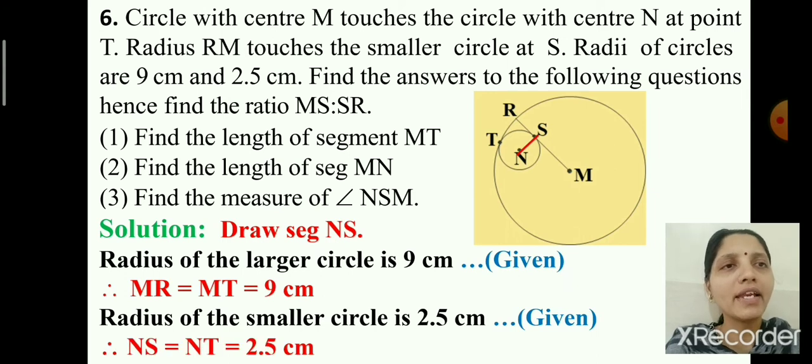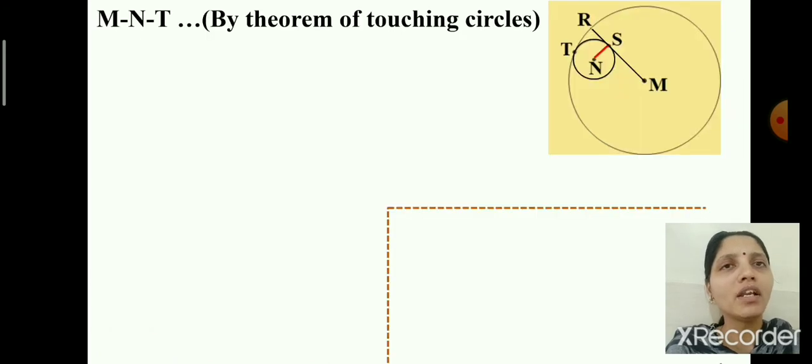Therefore, NS is equal to NT, that is equal to 2.5 cm. Yes, now we can join these line M, N, T. So what you will get here? M, N, T, that is these 3 points are on the same line.